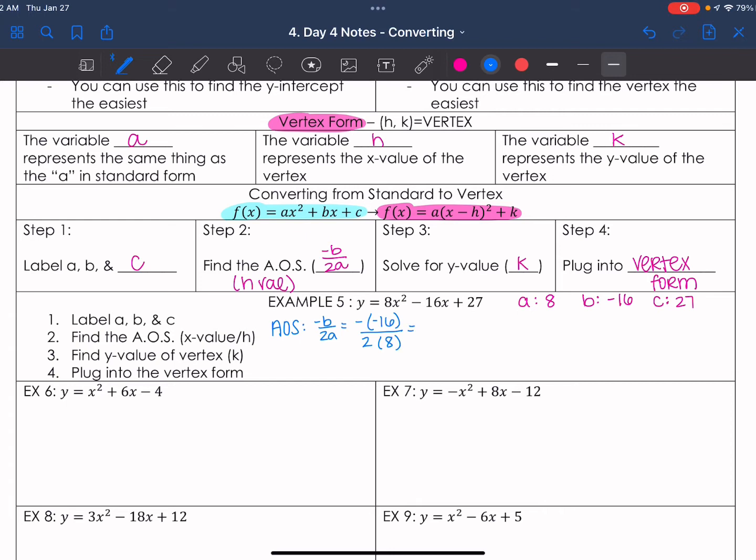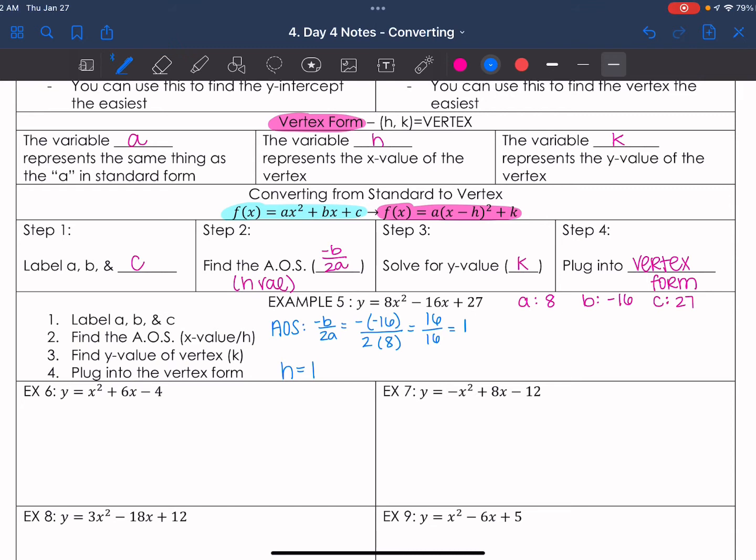Negative times negative 16 is positive 16. 2 times 8 is 16. 16 divided by 16 is 1. So my axis of symmetry is going to be the h value of my vertex. So h equals 1.